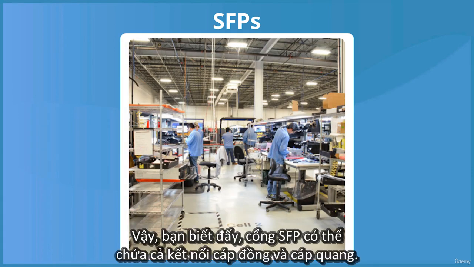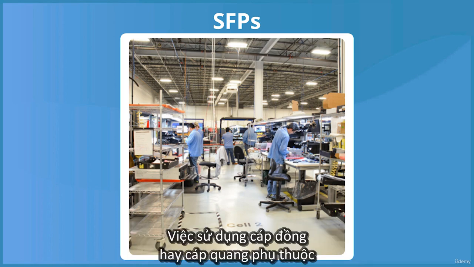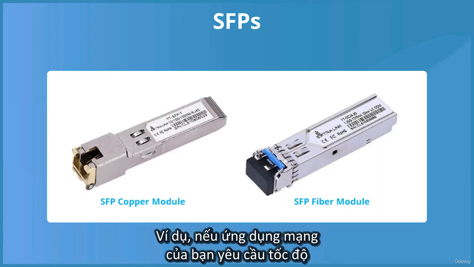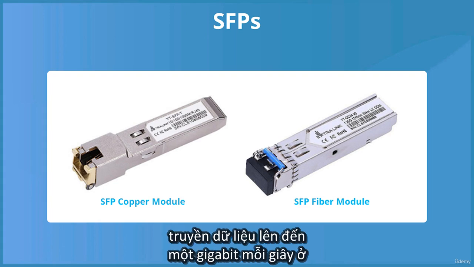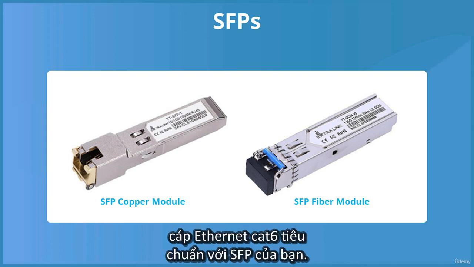All right, so SFP ports can accommodate both copper and fiber optic cable connections. The use of a copper or fiber optic cable depends on the data transfer capabilities of the SFP transceiver. For example, if your network application requires data transfer rates of up to 1 gigabit per second at 100 meters or less, well, you could use a standard Cat6 Ethernet cable with your SFP.